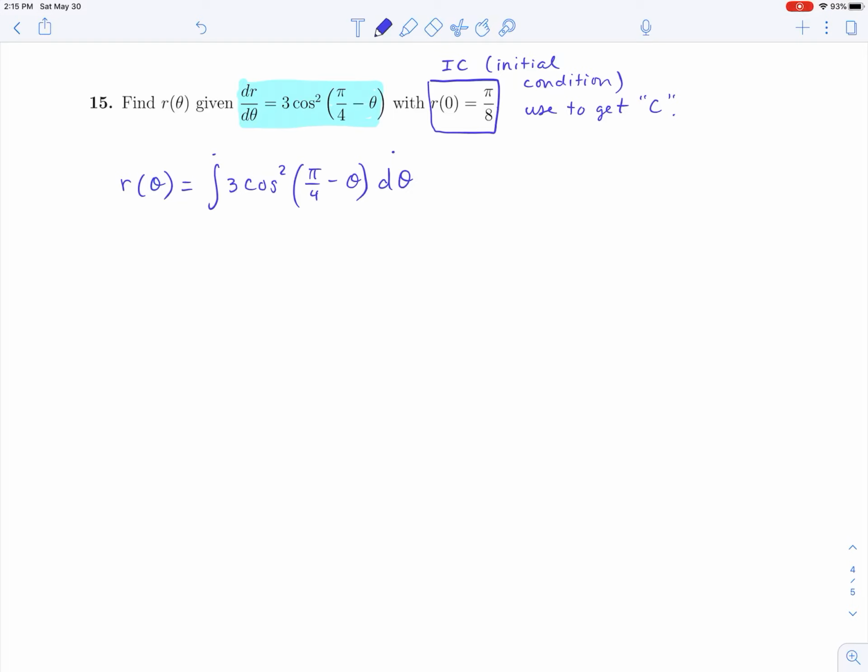Okay, so to integrate cosine squared, you're going to have to recall one of the few trig identities that really come up a lot. Cosine squared theta is 1/2 times 1 plus cosine 2 theta. That's called a power reducing formula, and we use it every time.